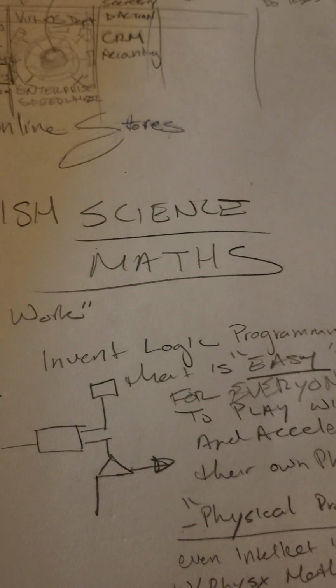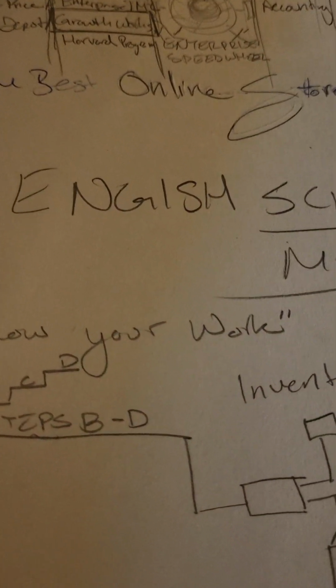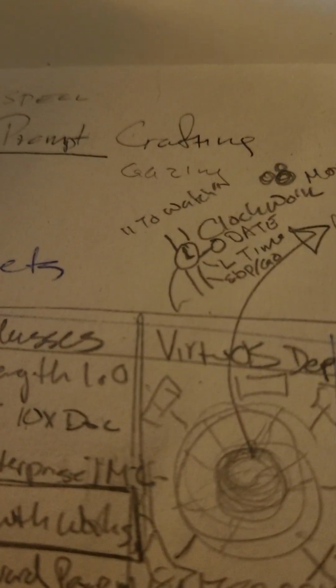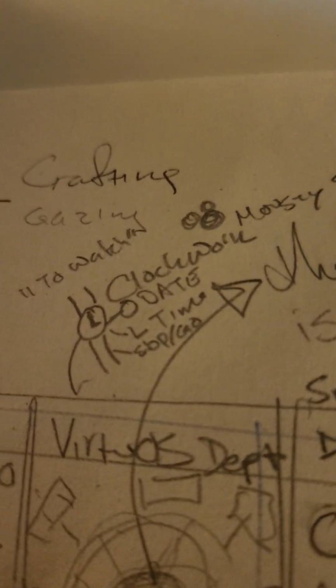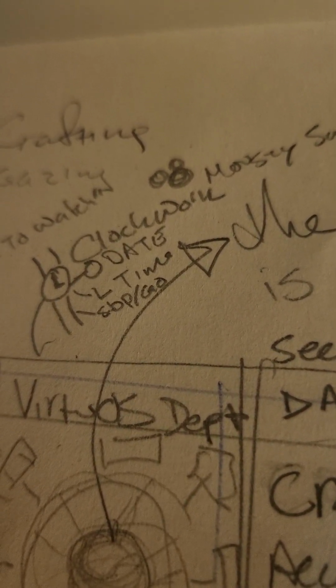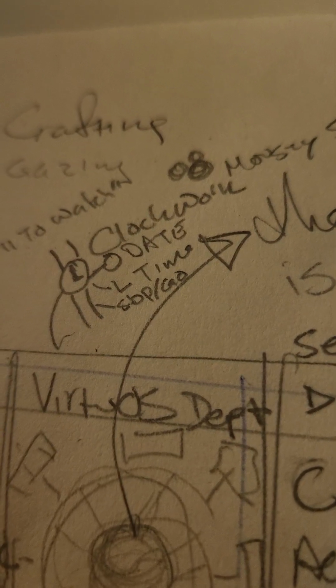Okay. And if we go to the English, science, and math, what is the math and science of English? It gets really interesting really quick, because you start to see words like watch. And what does it mean to watch a clock? And what can you show on a clock? What can you watch on a clock? All right. So you can watch on a clock dates and time.